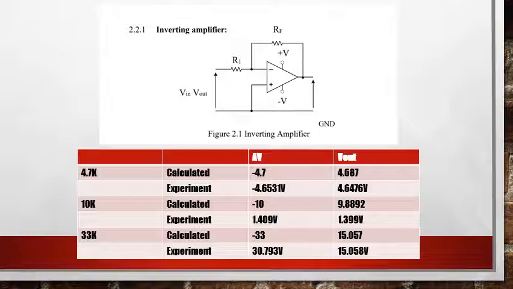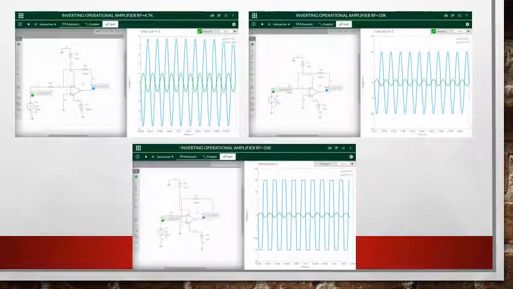In the table, you can see the calculated and experimental values of AV and Vout. Here is the inverting operational amplifier of 4.7K, 10K and 33K. Now look at the graph.